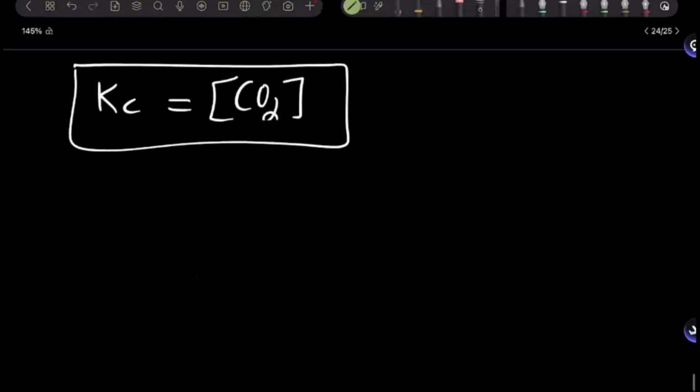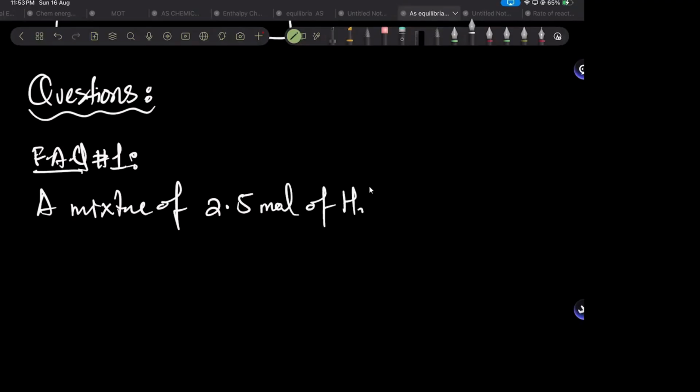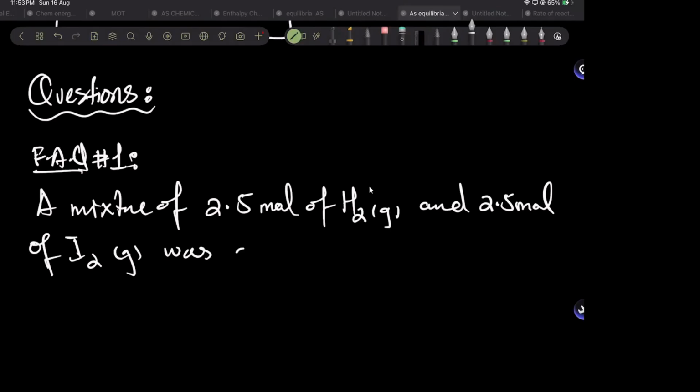Now what we're only left with is, the question says, a mixture of 2.5 moles of H2 gas and 2.5 moles of I2 gas was allowed to reach equilibrium.